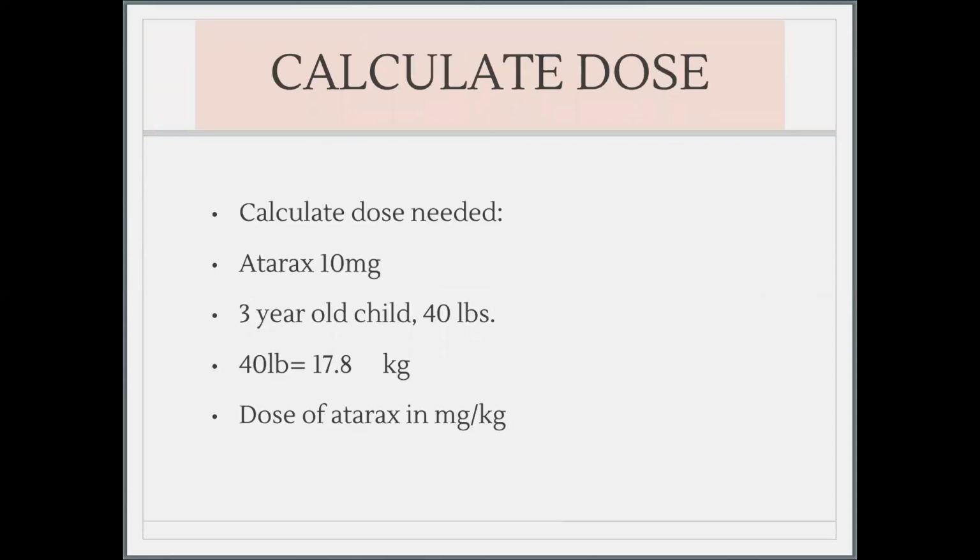To calculate the dose needed, if you're using Atarax at 10 milligrams, you have a 3-year-old child at 40 pounds. So you must first convert the pounds to kilograms. And the dose of the Atarax is represented in milligrams per kilo.